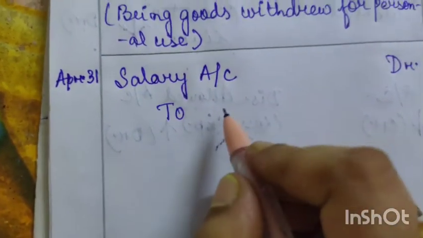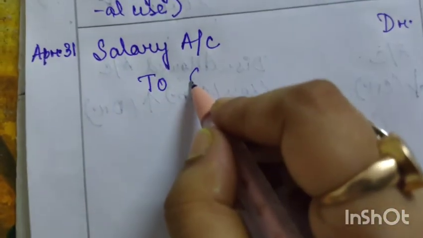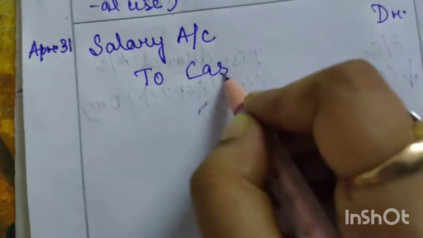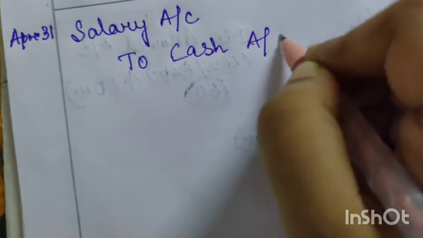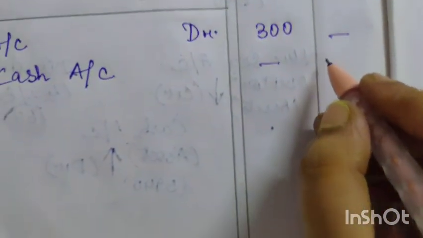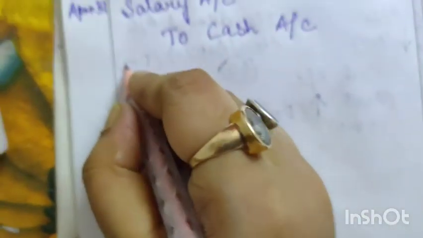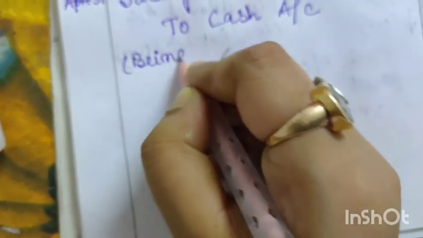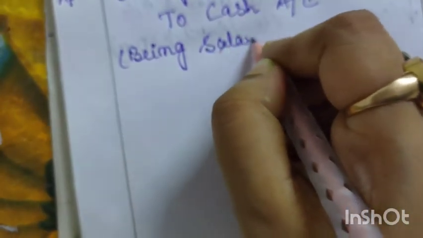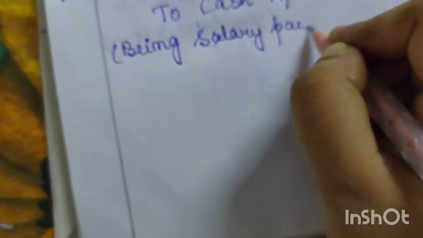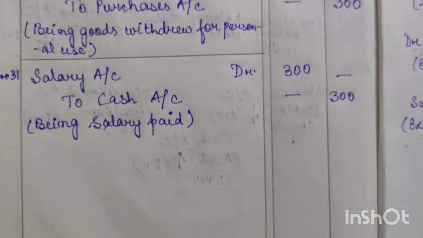To what we have paid, obviously we will pay the salary in cash, so we will open cash account. Okay, and since the cash account is credited, so we will write in the credit side 300. And the narration is very simple for this transaction, being salary paid. Finish. Okay, I hope this entry is clear.